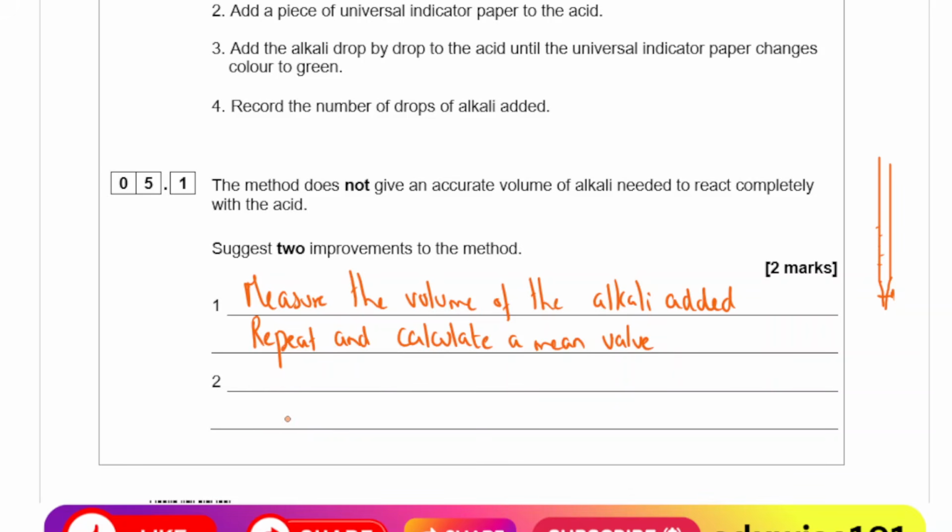They haven't mentioned stirring the mixture. So it is important that you stir the mixture while adding the alkali.